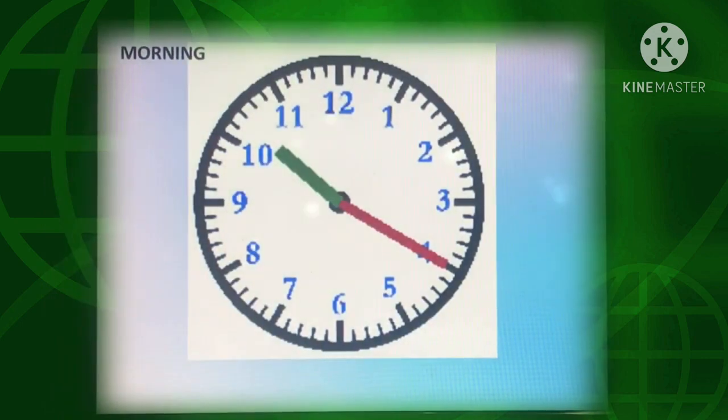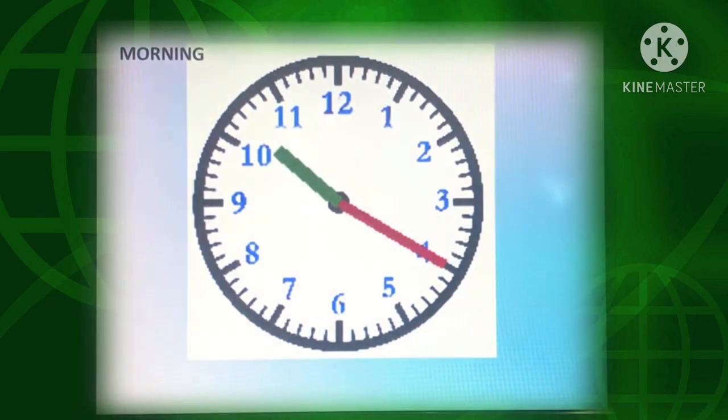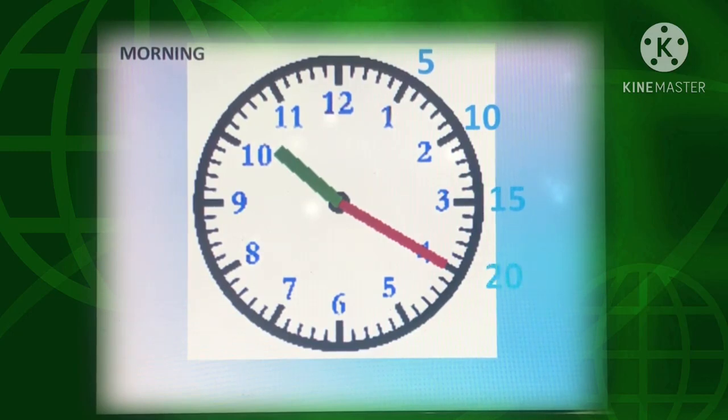Next, we have here a clock for morning again. So the short hand or the hour hand is pointing in between 10 and 11, so it is still 10 hours. How about the minute hand? Let's see. 1 is 5, 10, 15, 20.